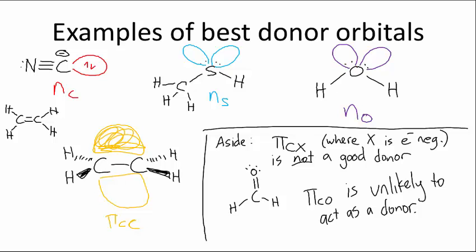So if this molecule were going to act as a donor, it would be those oxygen lone pairs that would act as donors instead. So part of it just has to do with when you have a pi CO orbital, there's a better donor orbital right there in the same molecule. Whereas when you have a carbon-carbon pi bond, you can have molecules that don't have any better donors than that pi bond.